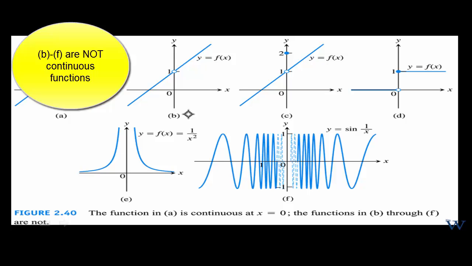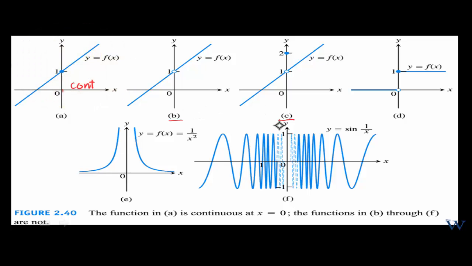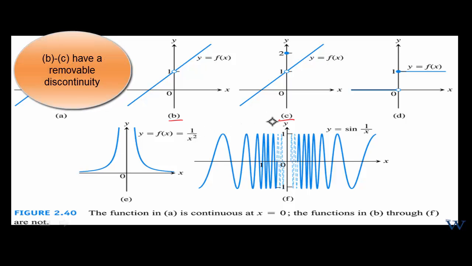This is not continuous, not continuous, not continuous, and so on up to F. And we have that B and C each have a removable discontinuity because the limit exists right there. The limit exists in these two cases, except here in letter B, the function value does not exist. Here it does exist, but does not coincide with the limit value. So again, there is a remedy. That's why it's called removable.